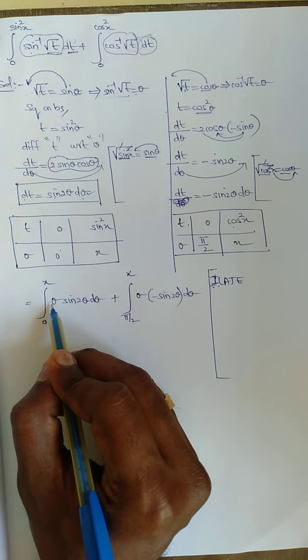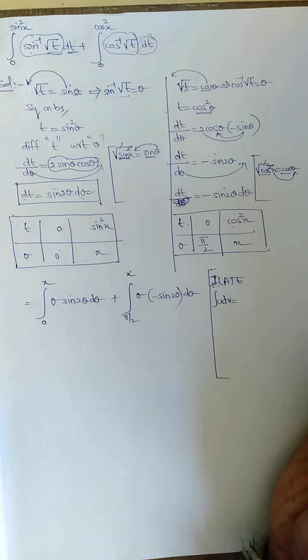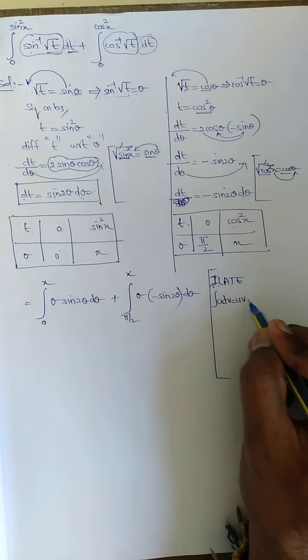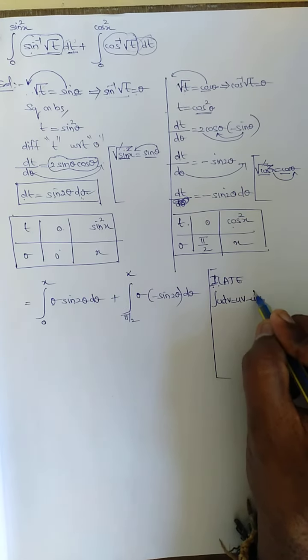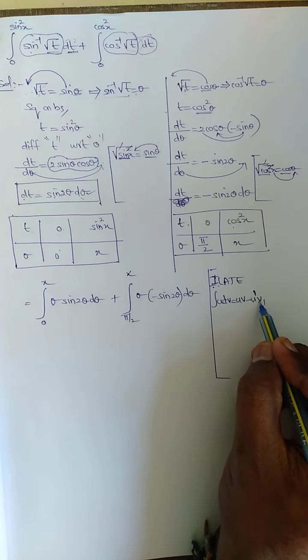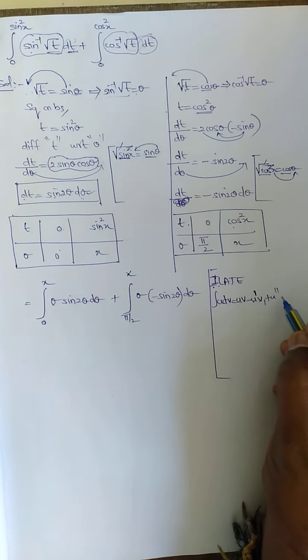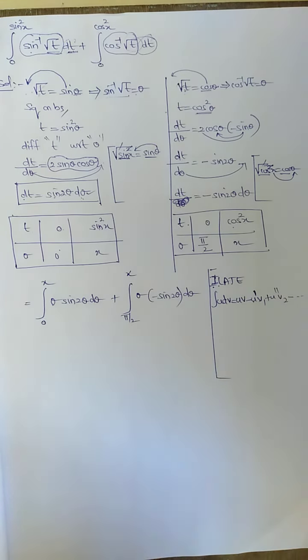This is theta. This becomes u. We need to choose u and dv. The u dv formula is uv minus u dash v1. This dash indicates differentiate, v1 indicates integration, plus u double dash v2 minus, and it goes on.